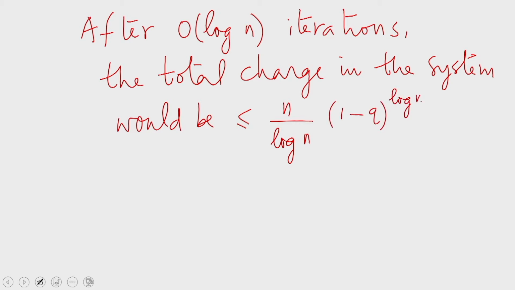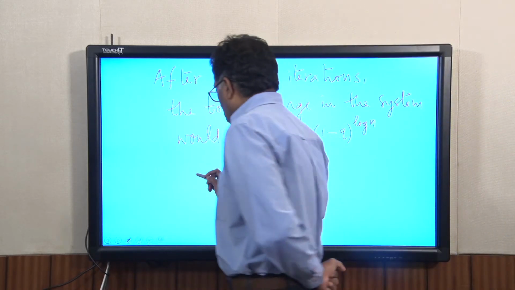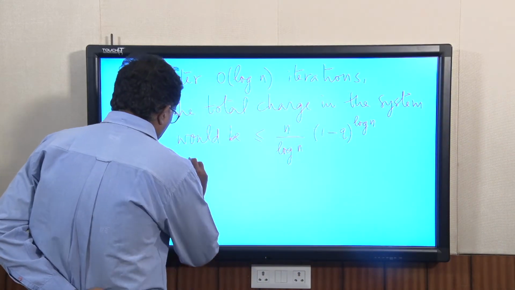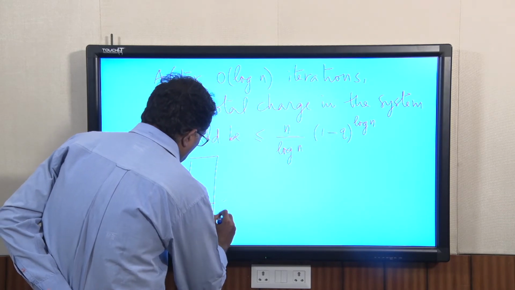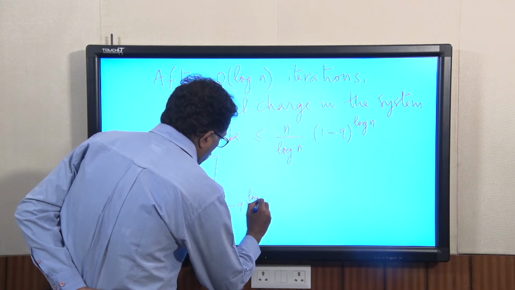Now, this would ensure that at most one node is left in each queue. This is because in each queue the lightest node, which happens to be the last node, was given an initial weight of 1 minus q power log n minus 1.